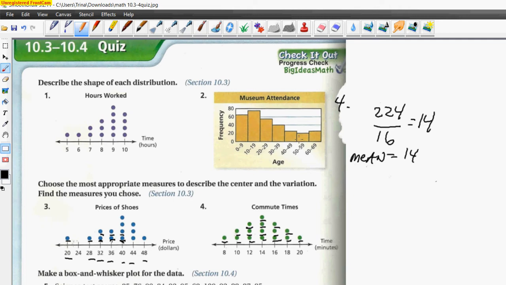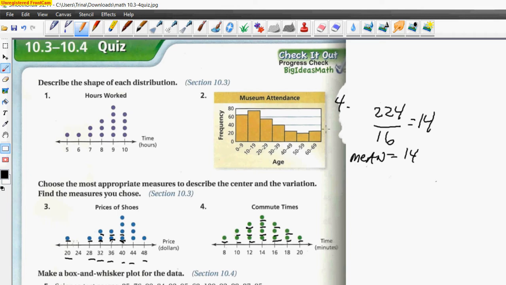So how do we define something else that we need? It's called, and I love saying this, the MAD, which is the mean absolute deviation.